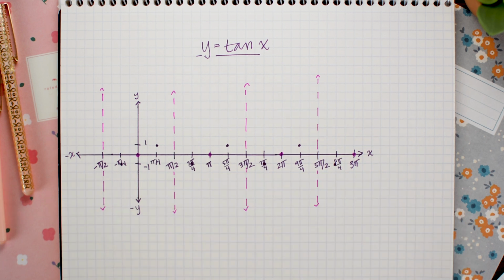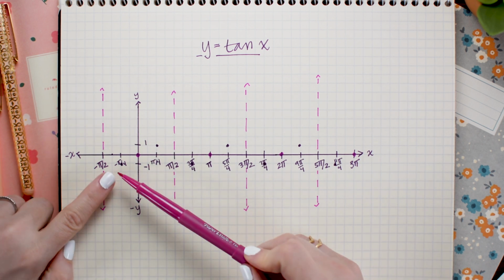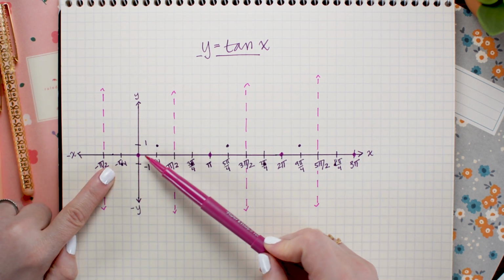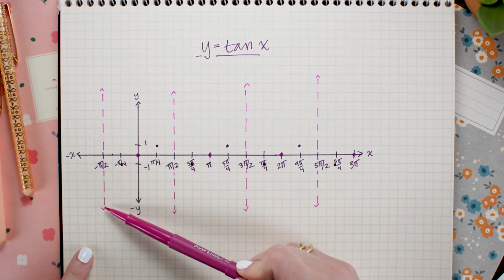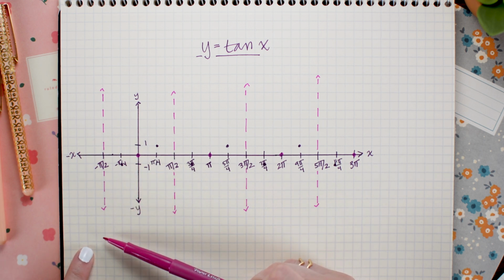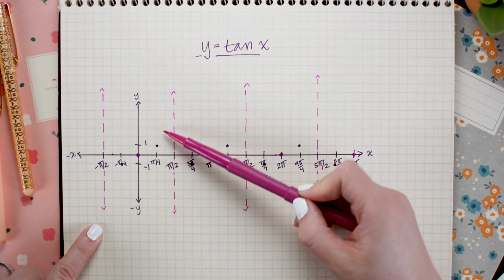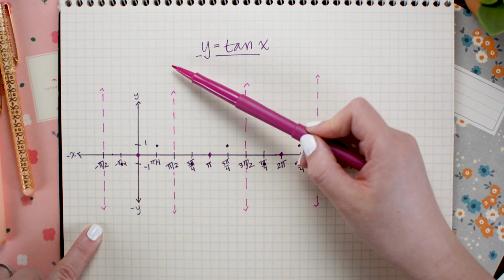Okay, now we're ready to sketch the tangent curve in. So what I want to do is fit it to these points, but I also want my tangent curve to get closer and closer to the left asymptote as we go down, and then closer and closer to the right asymptote as we go up.